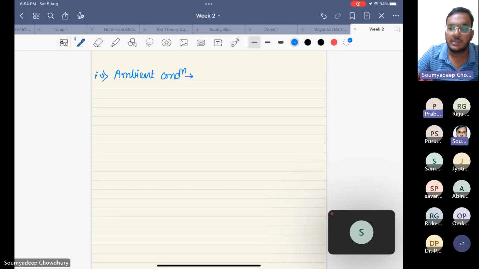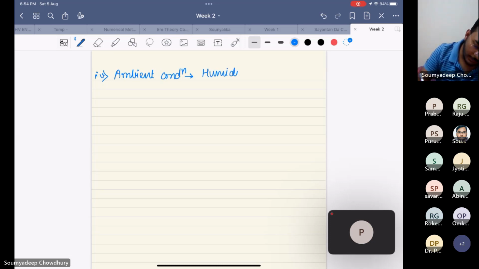Pollution also, correct. So it is the humidity or moisture in the atmosphere.